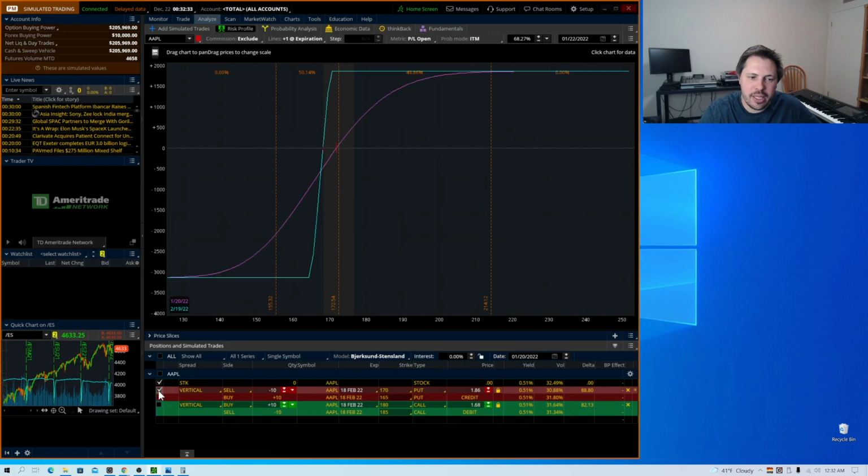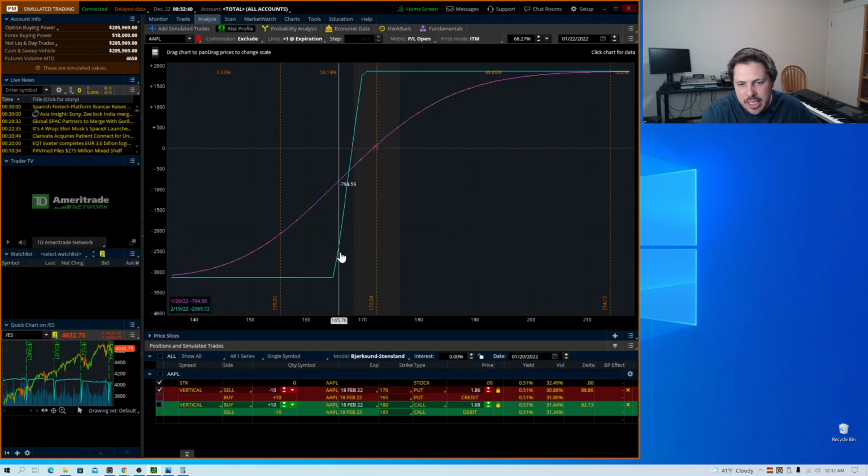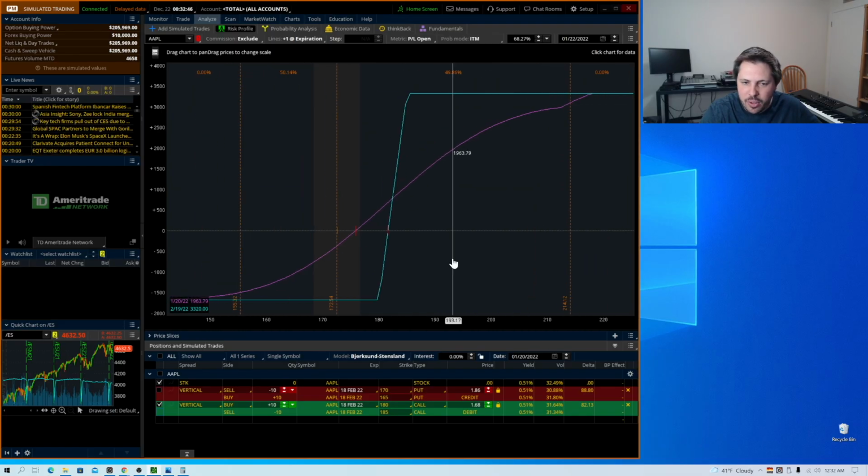Here's the put credit spread, where we're putting this on as a credit and we're using puts, but the P&L and the way it looks is very similar. It's identical.